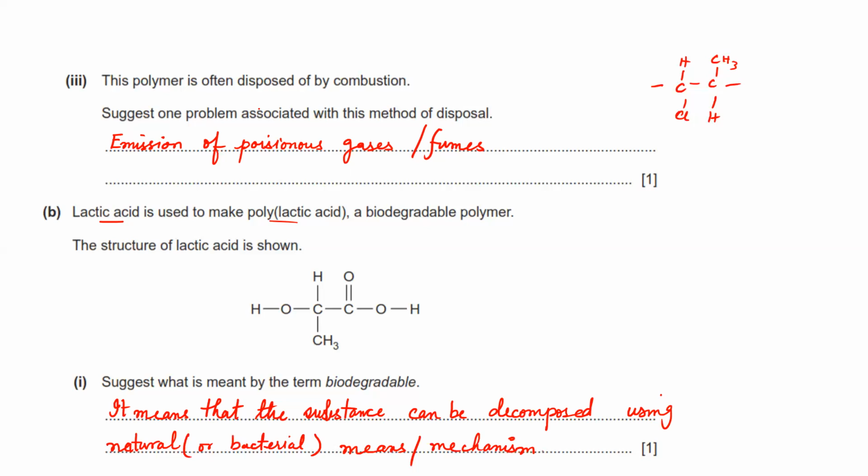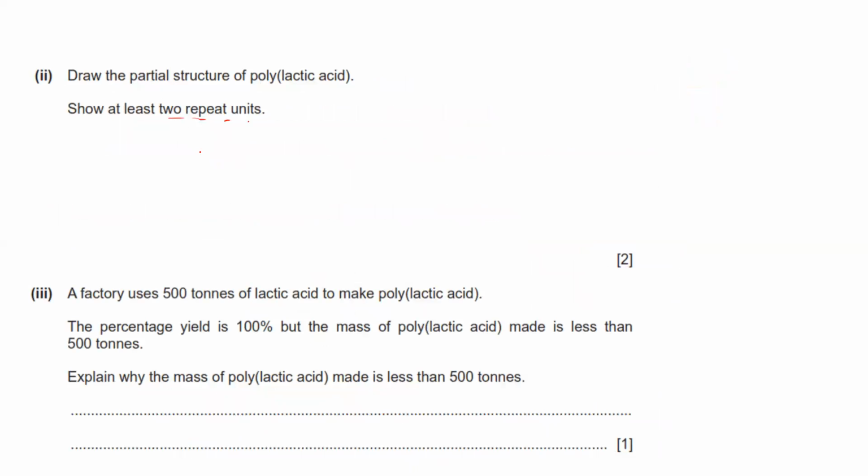So this is the lactic acid we have. For repeat units, this is a polymer, so it would be something like O, CH3, H, C double bond O, and O. This is something that repeats again and again, and this is how we have to show it, with at least two repeat units.